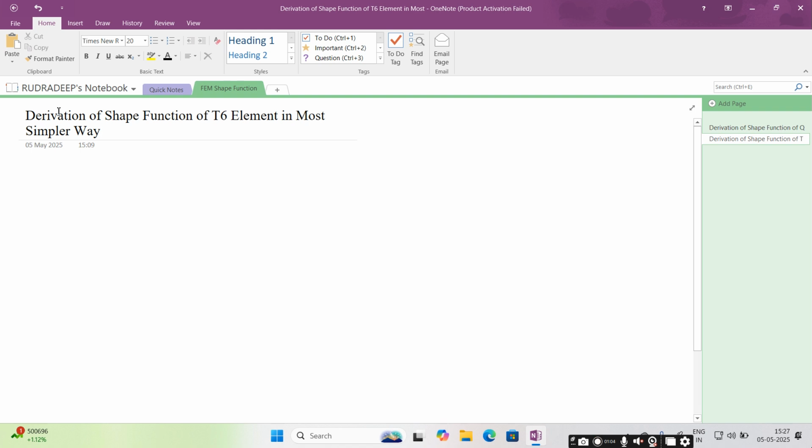Whether you are a beginner building your FEM foundation or a research student refining your mesh formulations, this video will guide you through the complete derivation of T6 shape functions using natural coordinates. So let's get started. First of all, I will draw the T6 element in the natural coordinate system.